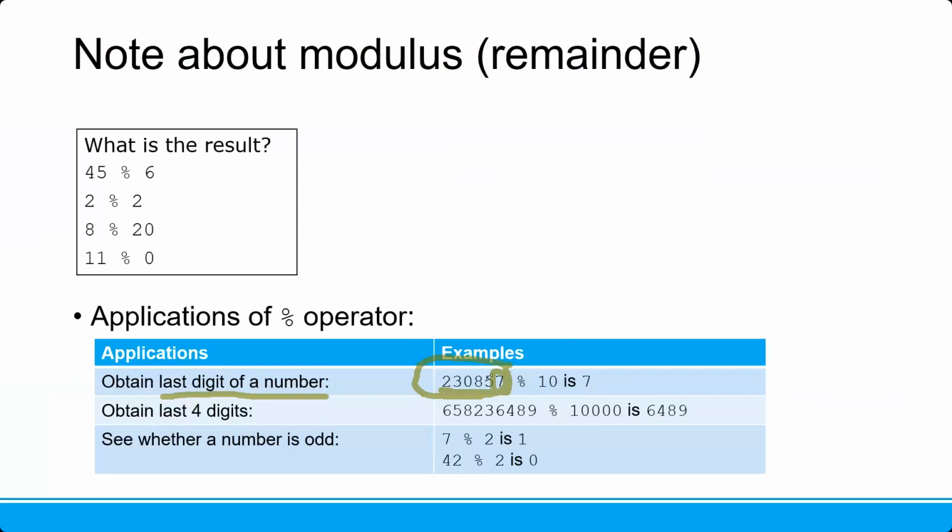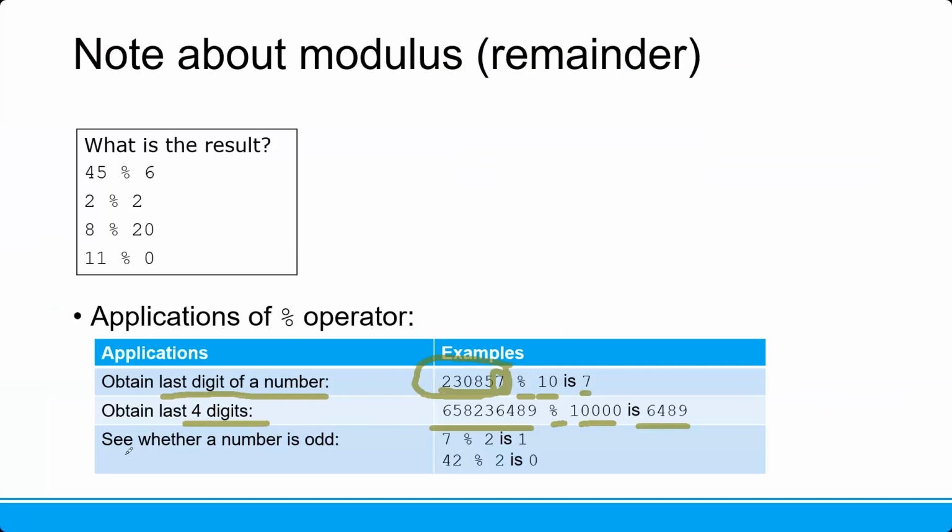Then I can do any number remainder with 10, and I will get the last digit. Or if I want to get the last 4 digits, I take the number remainder 10,000, and I will get the last 4 numbers.